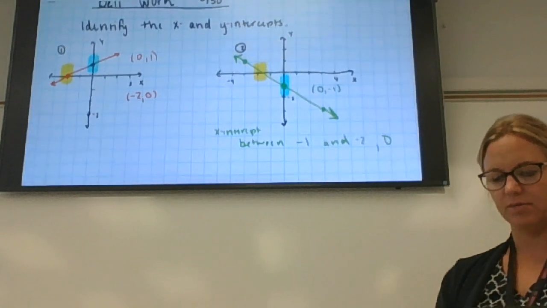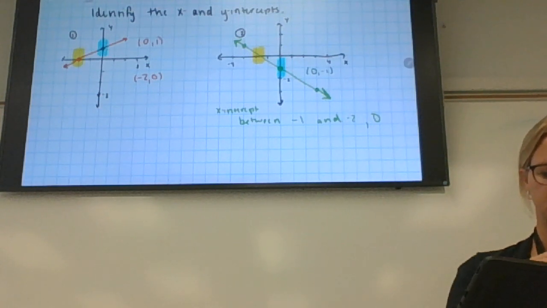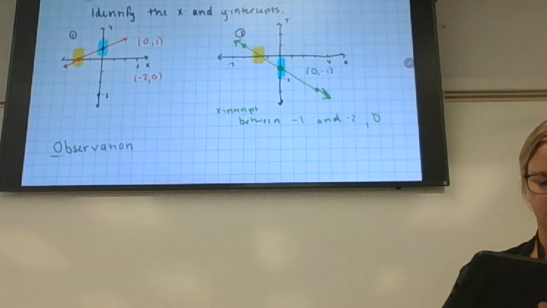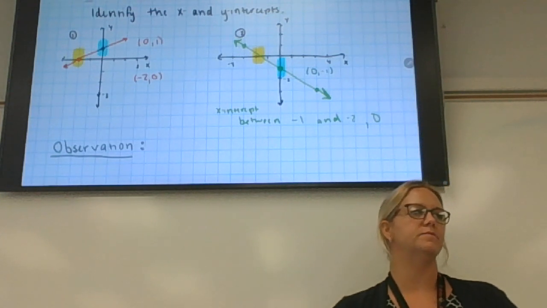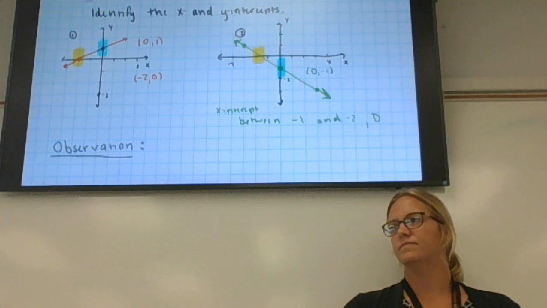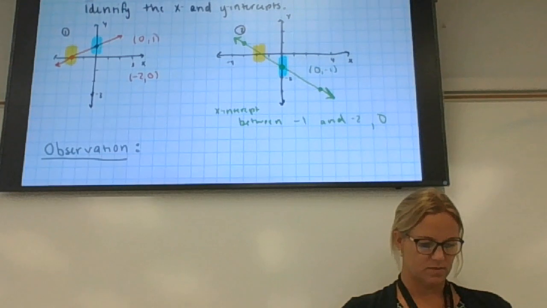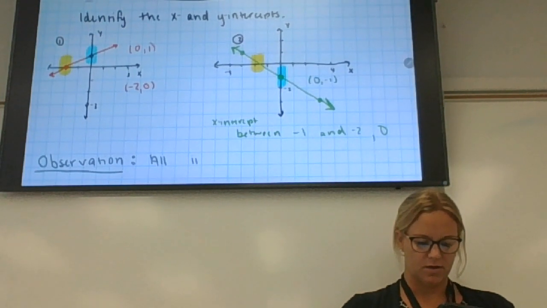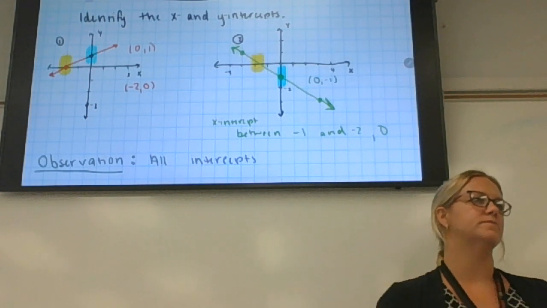Okay, so let's make a statement. What's true about all intercepts? An observation. What do all intercepts have in common? There's something really specific about an x or a y value.